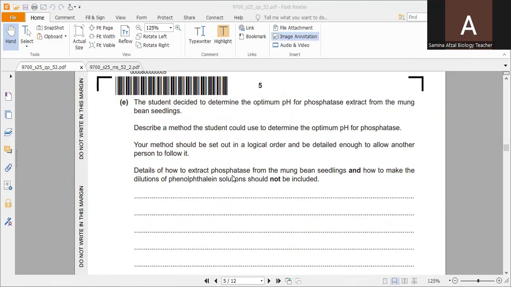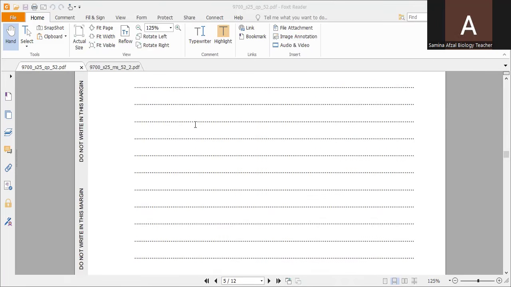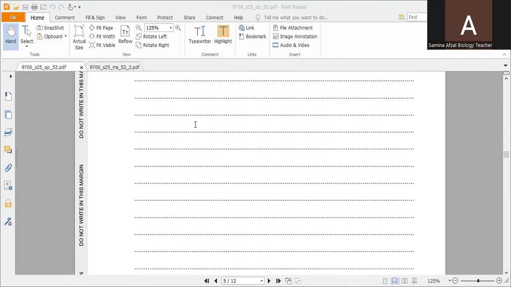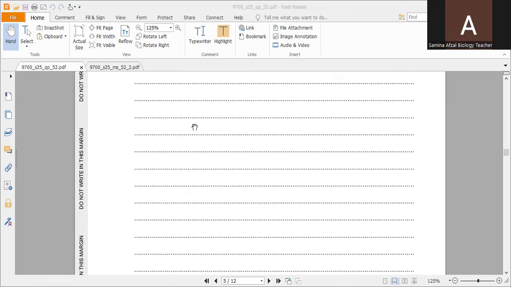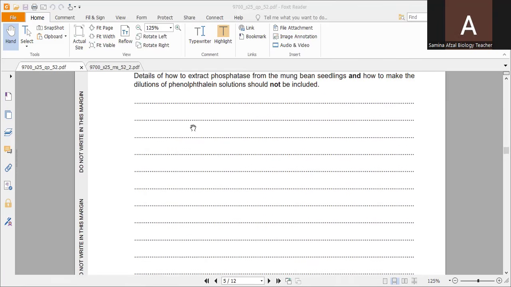Details of how to extract phosphatase from the mung bean seedlings and how to make the dilutions of naphthalene solution should not be included. So we have to write the complete answer. Experimental method.